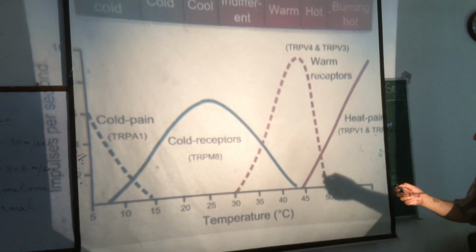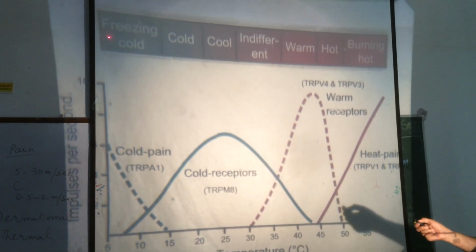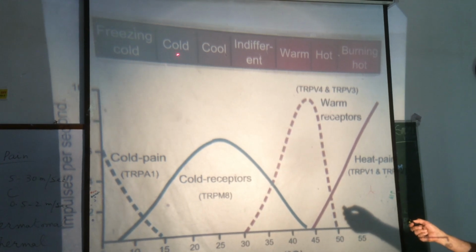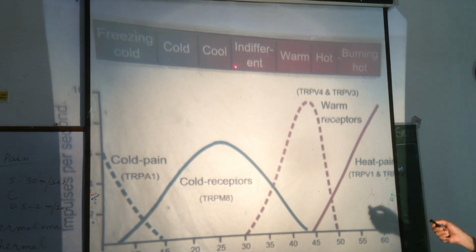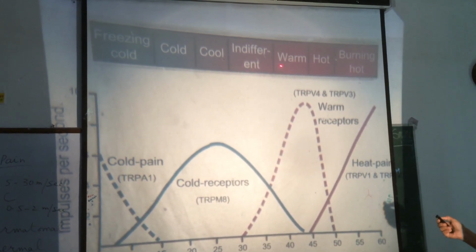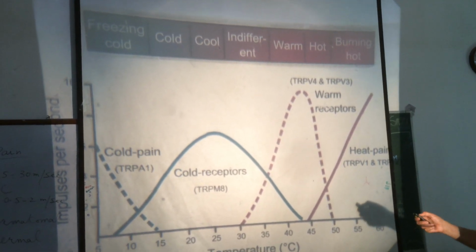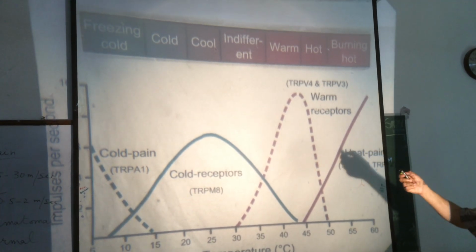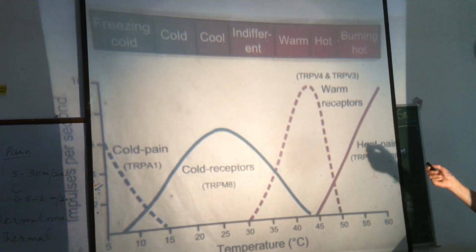From one end, freezing cold, cold, cool, then there is an indifferent zone, then warm, hot, and burning hot. So there are 6 or 7 grades of thermal sensation.